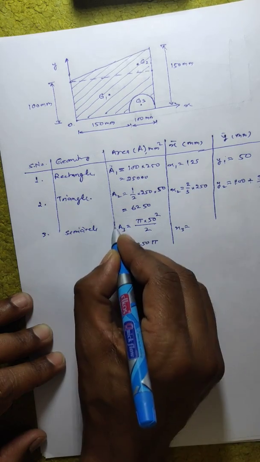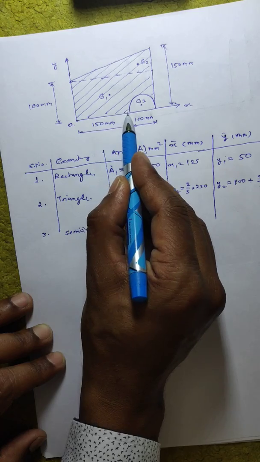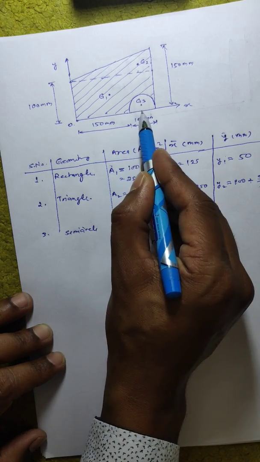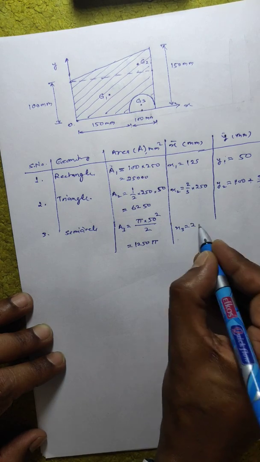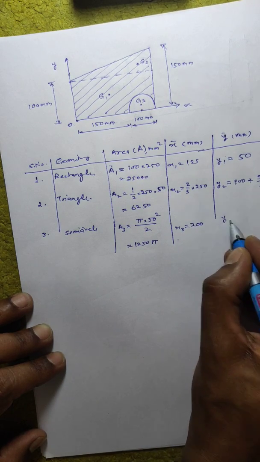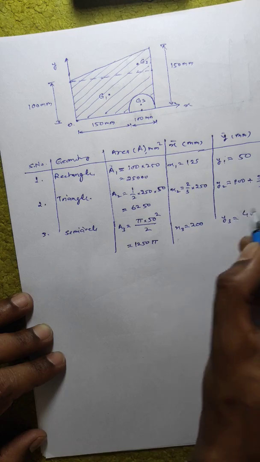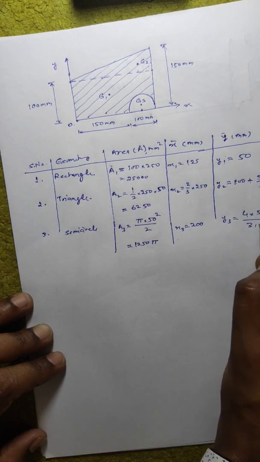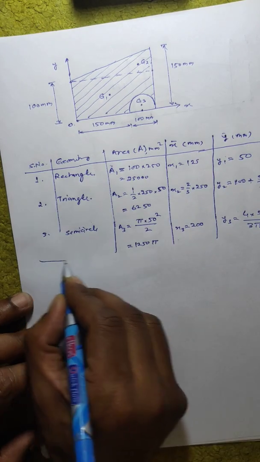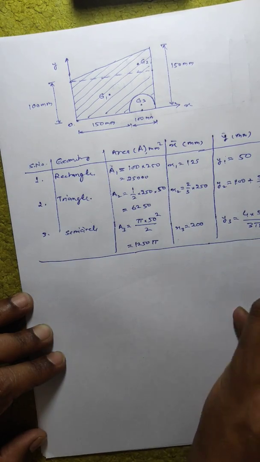X3 will be, say this is 150 plus 100 by 2, that is 50. So from here it will be 200 mm. X3 is your 200. And Y3 is 4r upon 3 pi, where r is 50. So these are the different geometries.